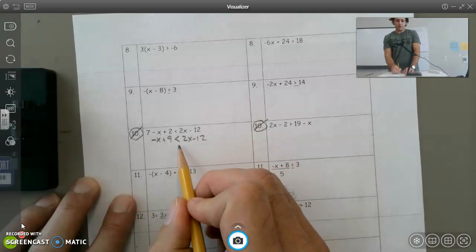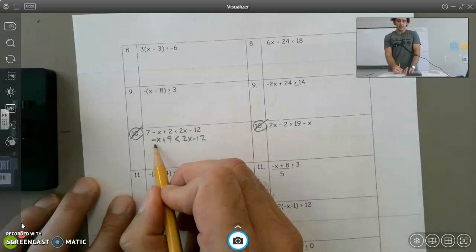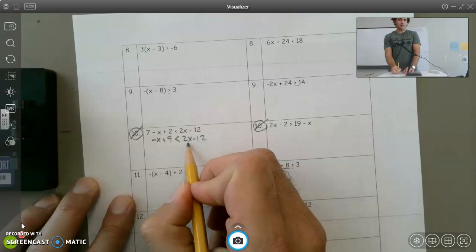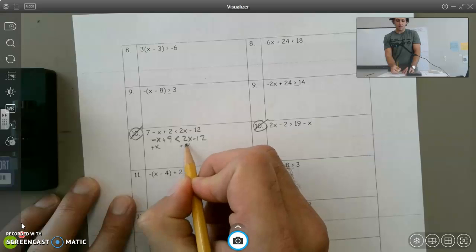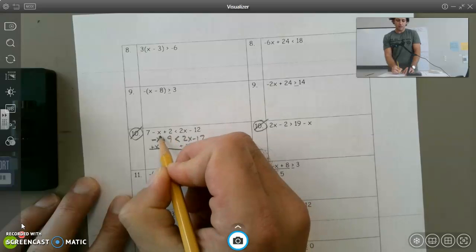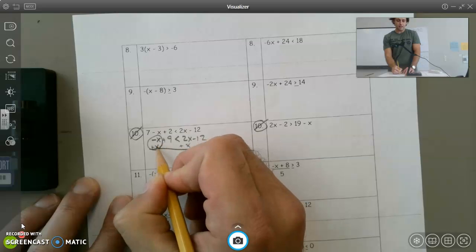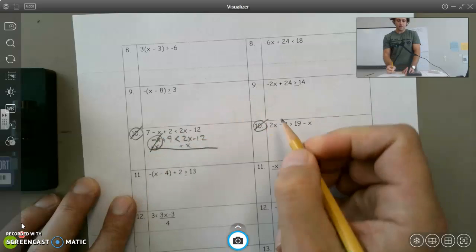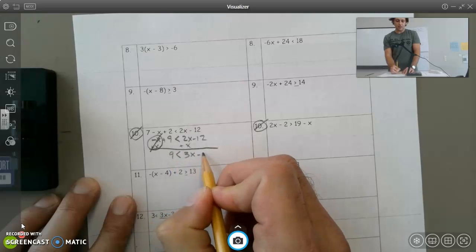Now, the important thing here is that I want all of my x variables on one side of the expression. I would like to deal with positive x variables. So I'm going to add x to each side. Now I've created a zero pair here because negative x plus x is 0. 9 is less than 3x minus 12.